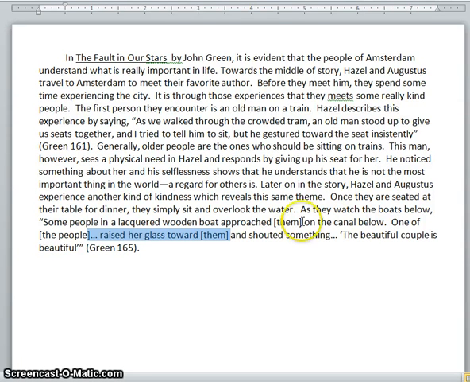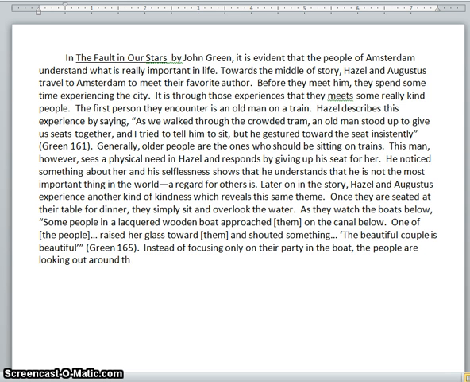So now I need to explain again how this piece of evidence proves that the people of Amsterdam understand what's really important in life. They are noticing their surroundings, and their surroundings happen to include Hazel and Augustus.